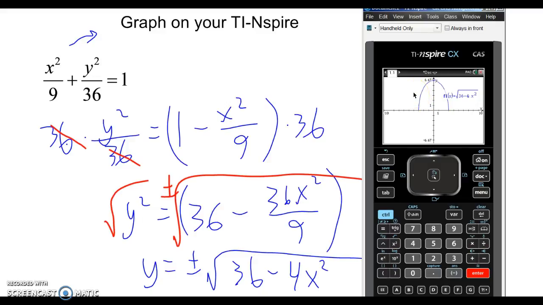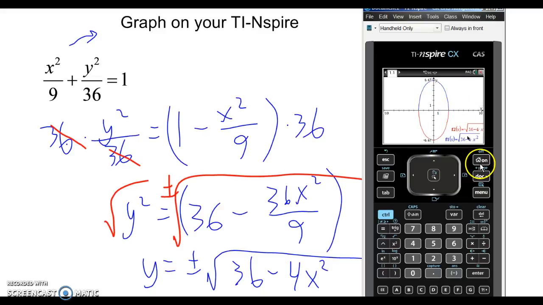To graph the other half, you just graph a negative square root of 36 minus 4x squared. And you can see the bottom half of the ellipse. So to graph an ellipse, it really takes two functions to make one ellipse, because an ellipse is not a function.